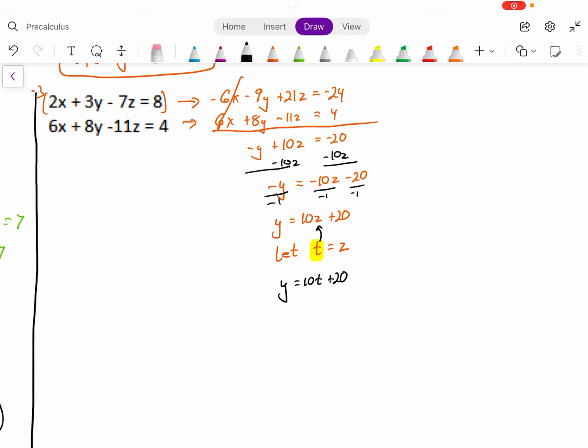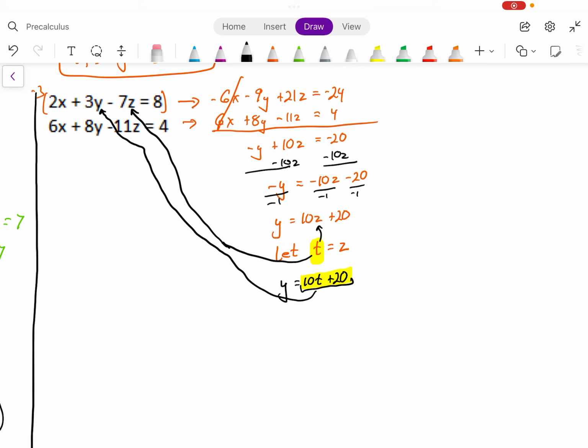And we can take, once again, we'll take t and plug it in for z into one of our originals. It doesn't really matter which one. And we'll plug 10t plus 20 into our original. So we're going to take t and plug it in for z right here. And we're going to take 10t plus 20 and plug it in for y.